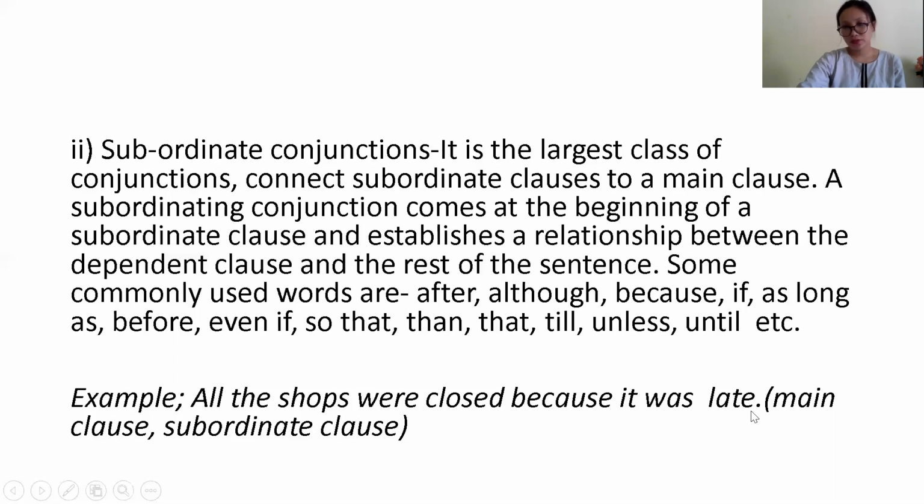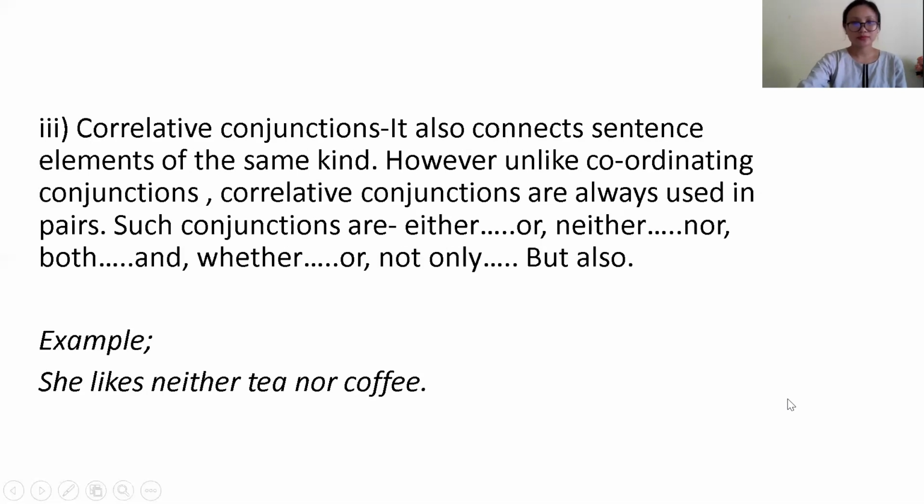This group of words has no meaning on its own. It was late. We call it a subordinate clause. That doesn't make sense alone: it was late, we don't know what is late. So this type of sentence we call a subordinate clause. Here the subordinating conjunction because is used in order to connect or join these clauses, and it makes a meaningful sentence: All the shops were closed because it was late.